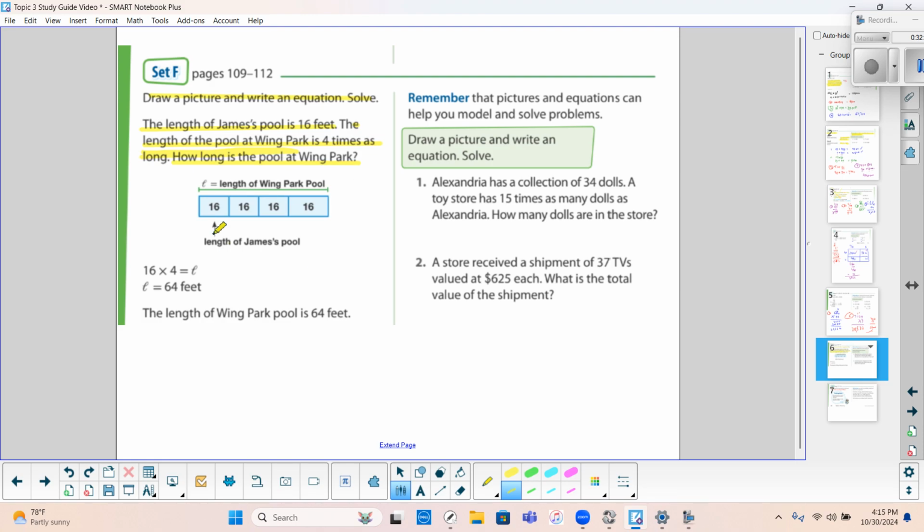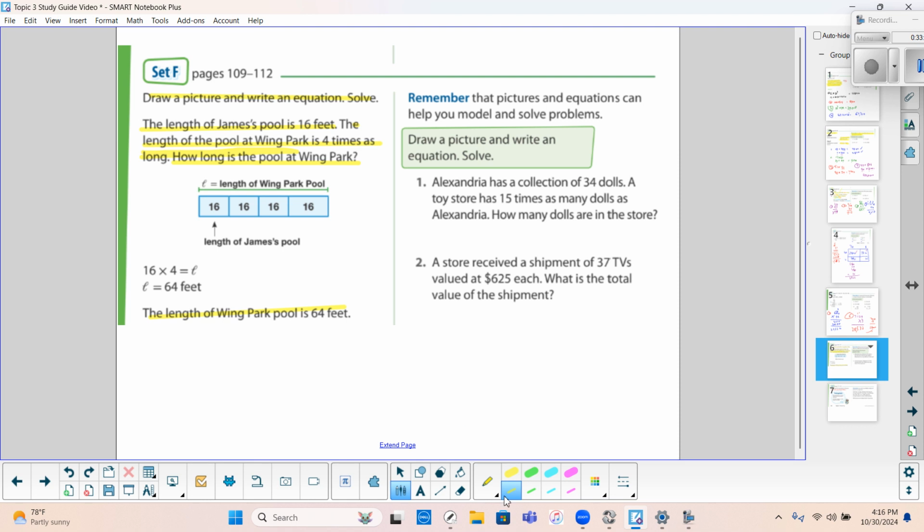So they draw James's pool and put 4 of them back to back. So 4 times 16 equals the length of the Wing Park pool. L is 16 times 4, which is 64 feet. The length of Wing Park pool is 64 feet.